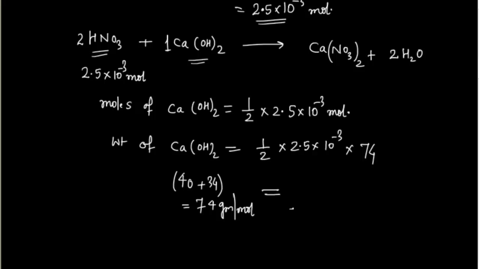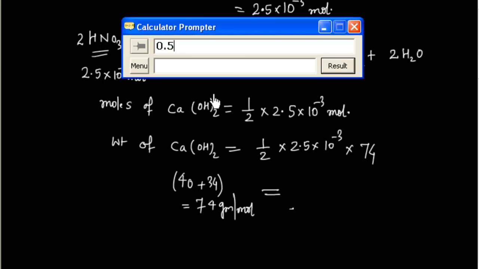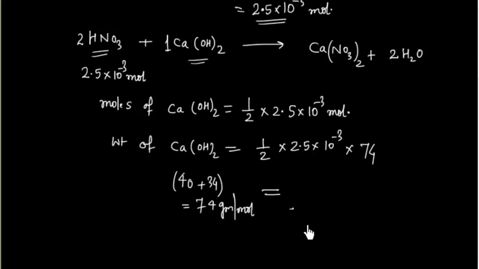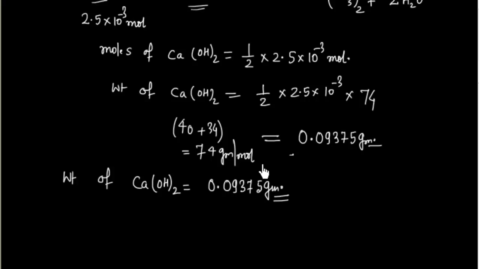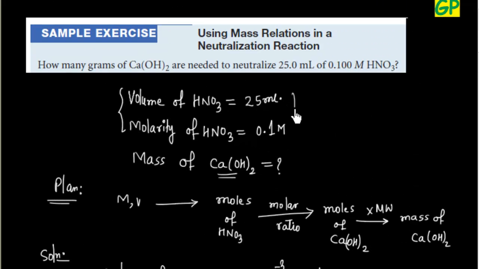So 0.5 multiplied by 2.5 multiplied by 74, divided by 1000, is 0.09375 gram. So the weight of calcium hydroxide is 0.09375 gram.